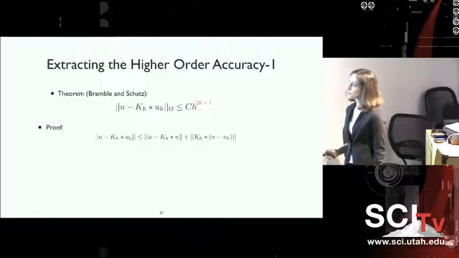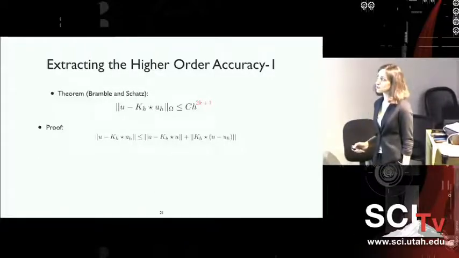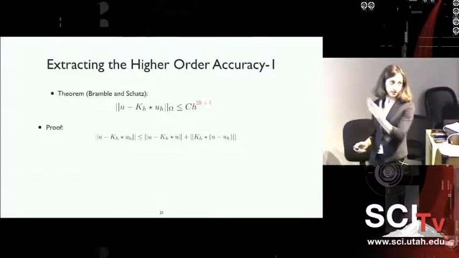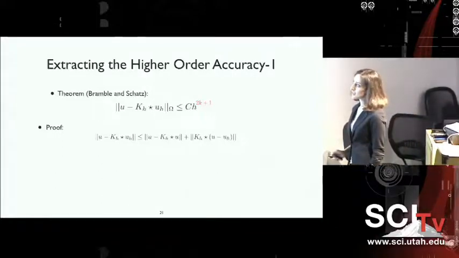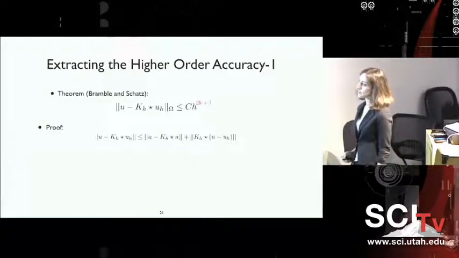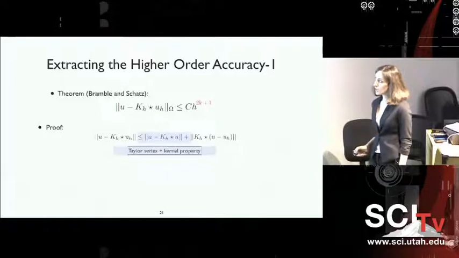Normally, to provide proofs for this error estimate, to show how we can derive such higher error estimates, we divide this term into these two terms by simply adding and subtracting this term. As I mentioned before, if we show that we have higher order accuracy on each of these terms, we can then show that we have higher order accuracy on this left-hand side term.